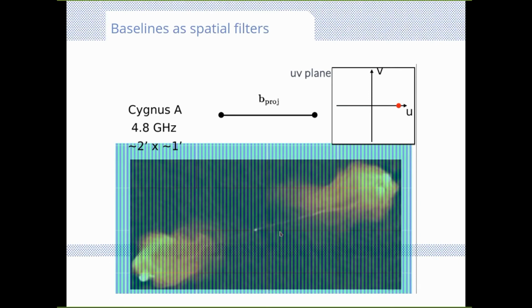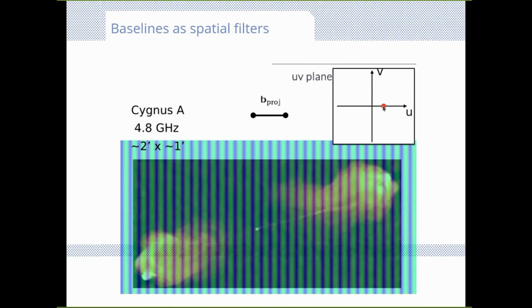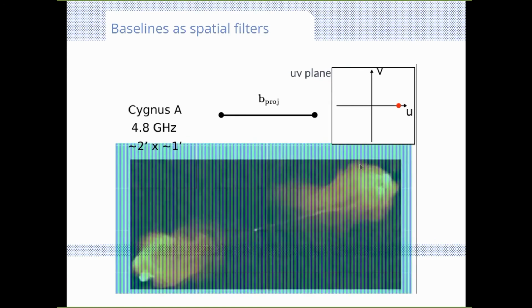Any fine scale structure will be picked up by the longer spacings in the array. So we can think of the short spacings as being sensitive to the broad scale structure on the sky, whereas the long spacings are sensitive only to the finer scale structures, and they lie further out in the UV plane.